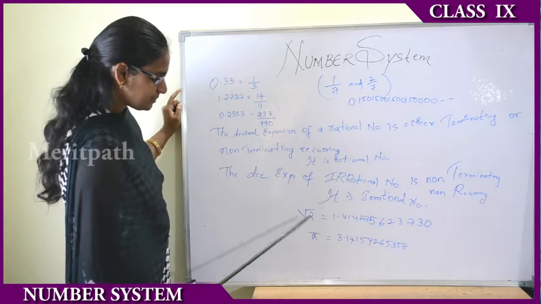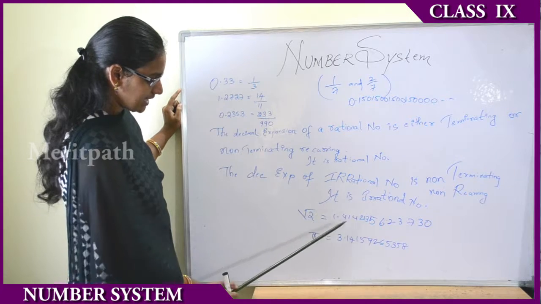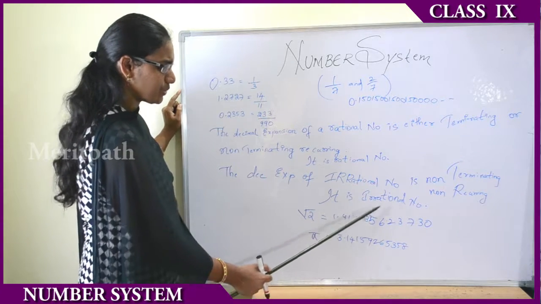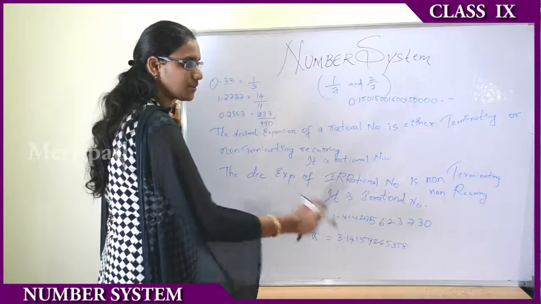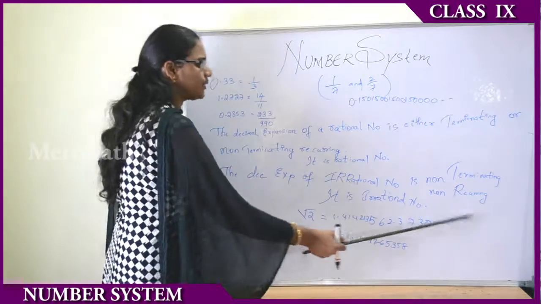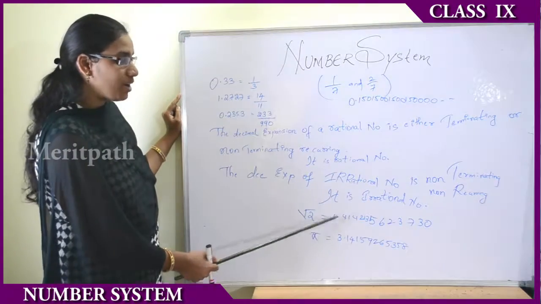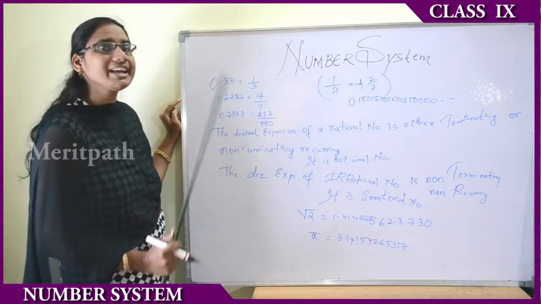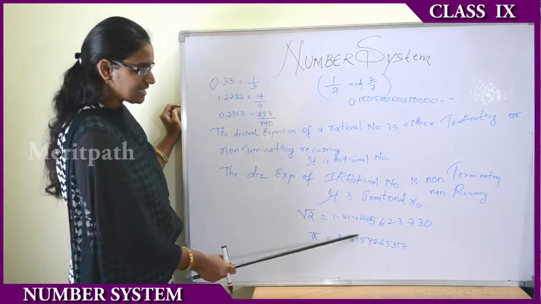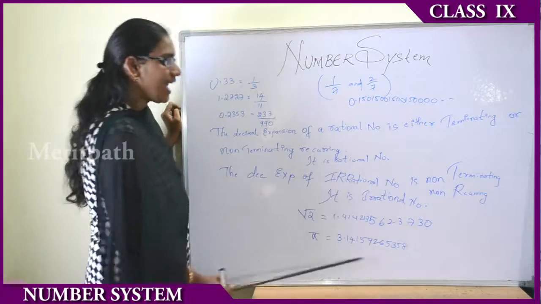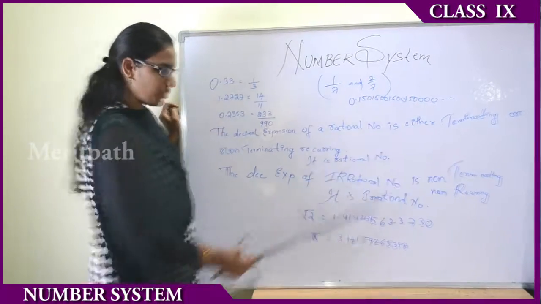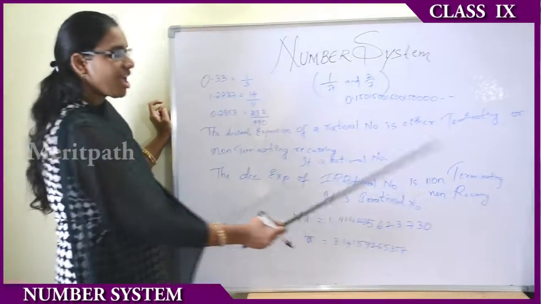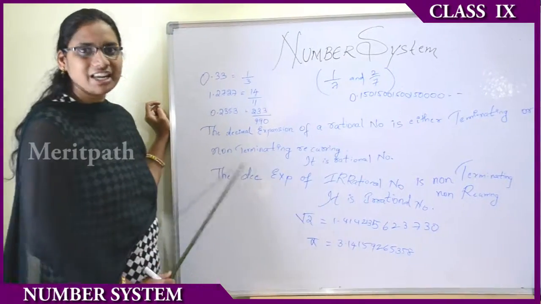Some examples: root 2, that is 1.4121356237330, and it will continue and it is not at all recurring. That means it is not repeating a similar number. So it is non-recurring and also non-terminating. Both properties hold for an irrational number.